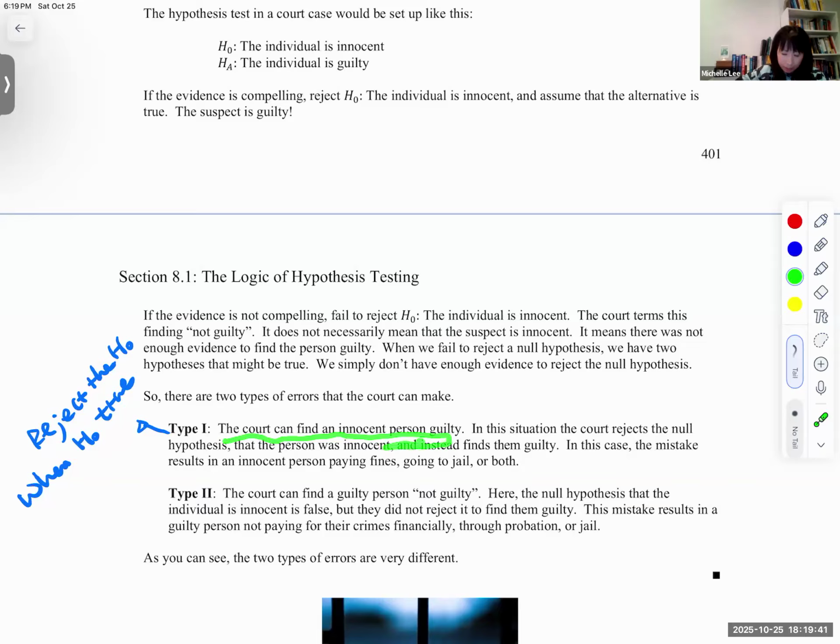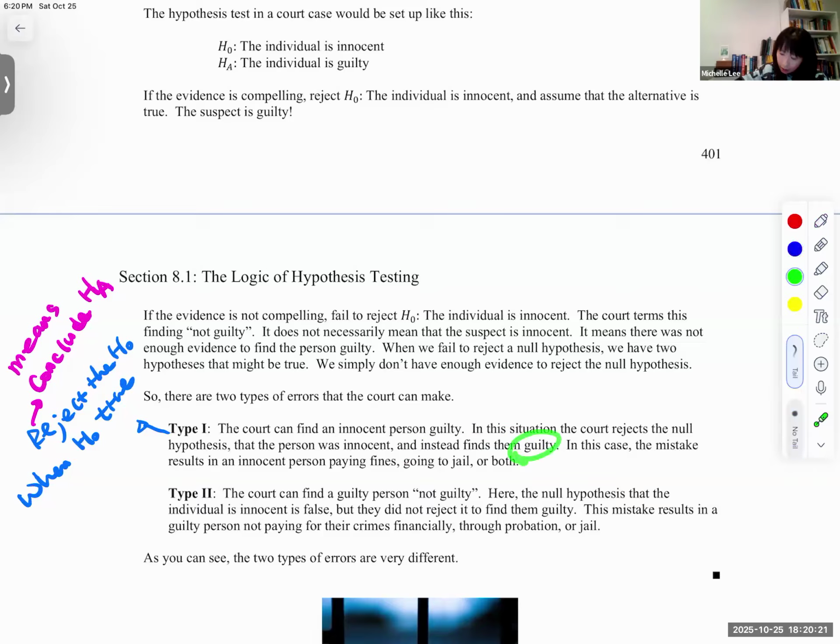They made a mistake, right? In this situation, the court rejects the null hypothesis that the person was innocent, and instead finds them guilty. They conclude they are guilty. Rejecting the null hypothesis means they conclude the alternative hypothesis.